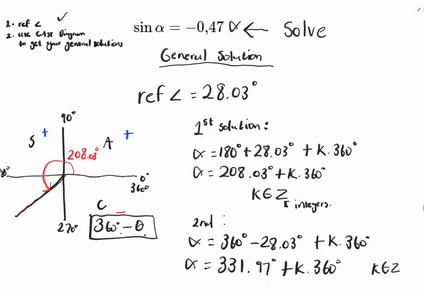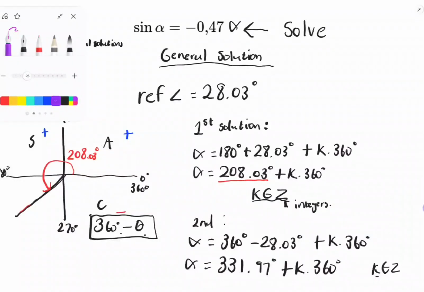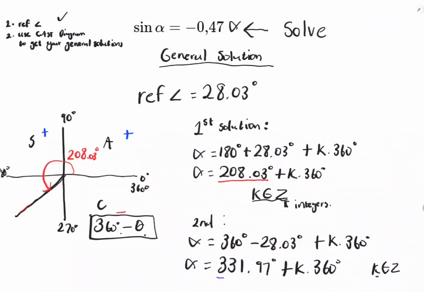You have to state this, but if you state it once, it's fine. If you say this once, you don't have to say it again. I just said it again because, yeah. So we know that this was for the red angle. Let's use a different color for this angle. So 331 is somewhere over here.